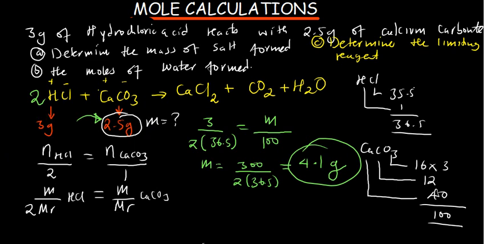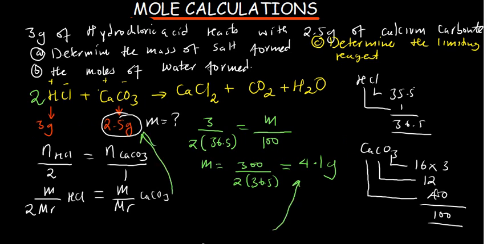So if you can see, comparing the mass of calcium carbonate that is available with the mass that you need, what you need is more than what is available. Because of that, calcium carbonate is all going to be used up. Therefore, calcium carbonate is a limiting reagent.